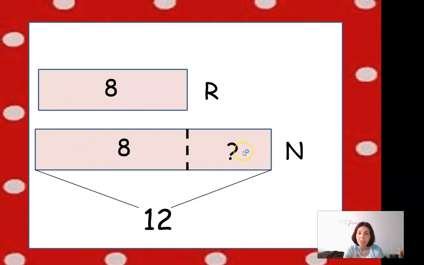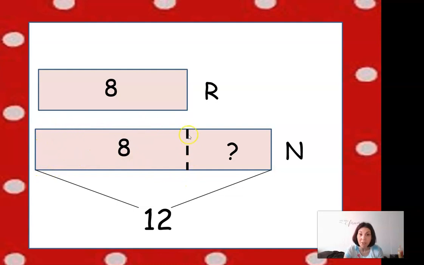So you can also do a double tape diagram. That means that you have 2 tape diagrams. So this one shows 8, and this is Rosie. Rosie wrote 8 letters. Now if we look down here, this same space, this is the same amount.